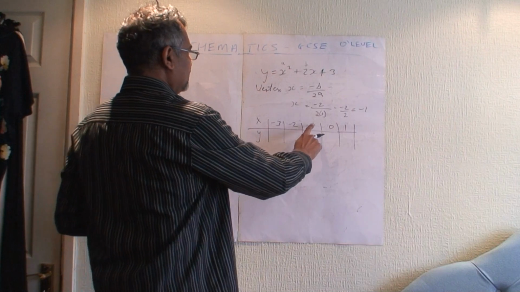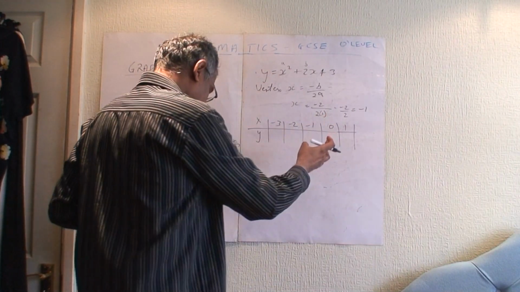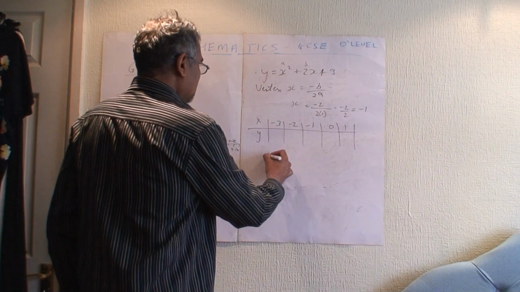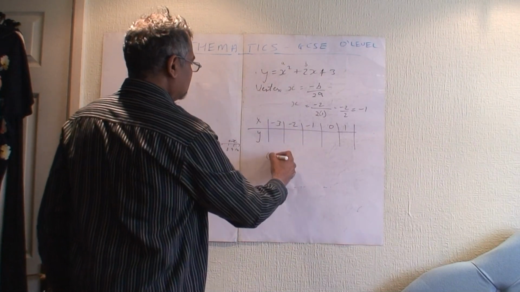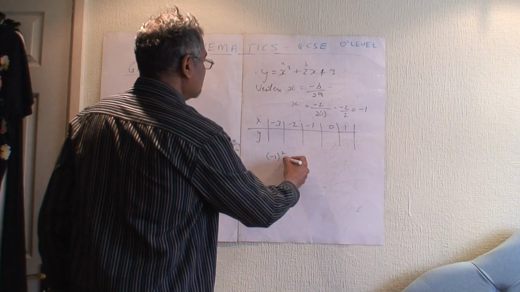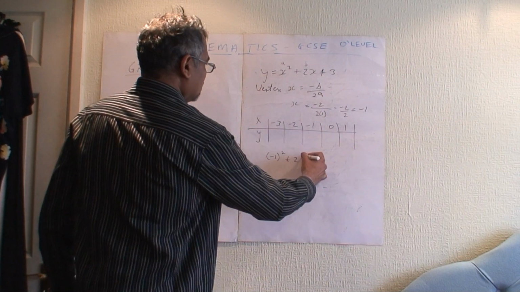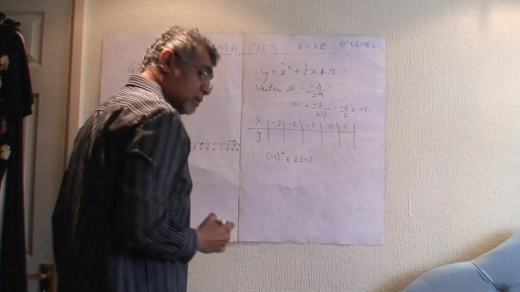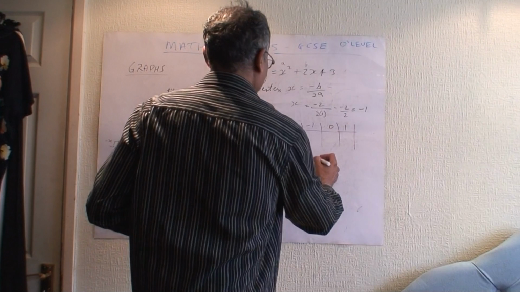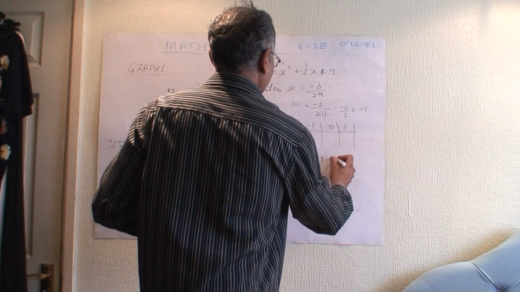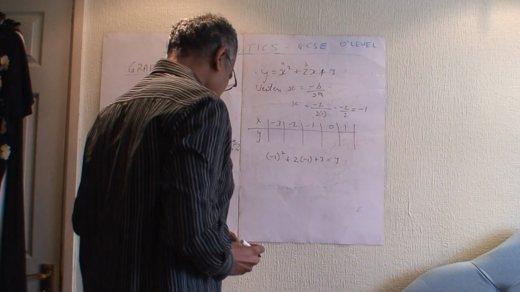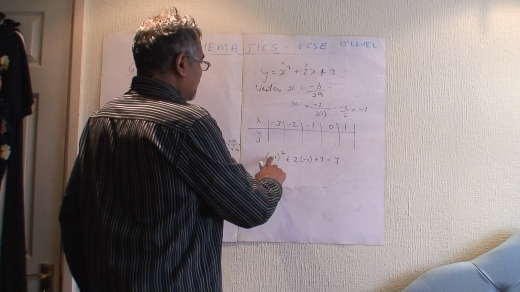If we start with minus 1, then x becomes minus 1 squared, plus 2 multiplied by minus 1, plus 3, equals y.